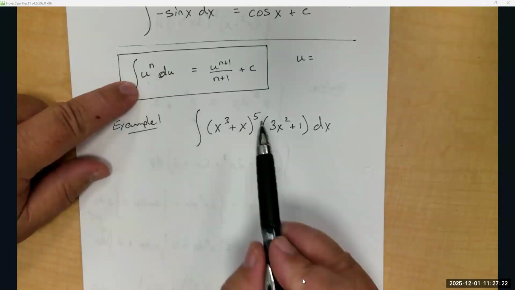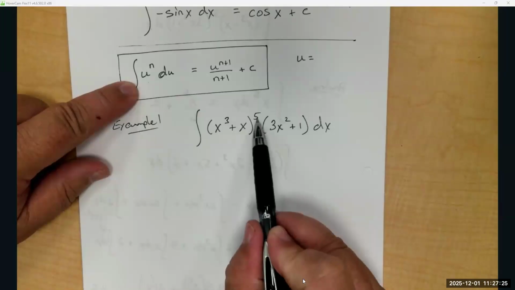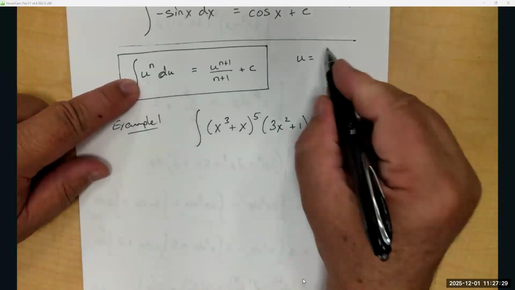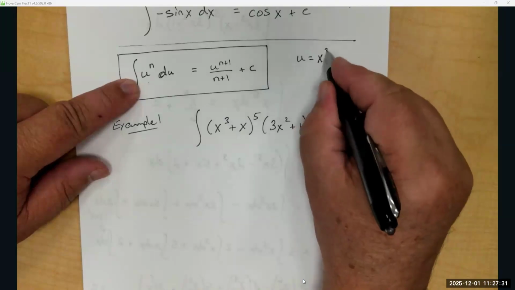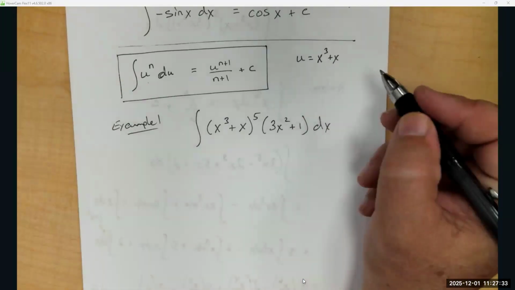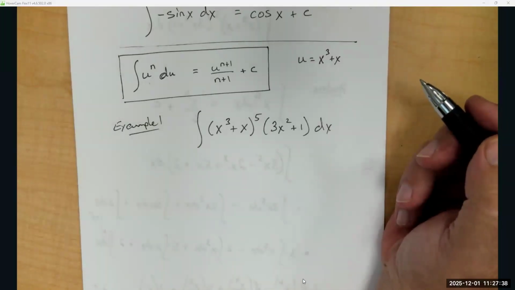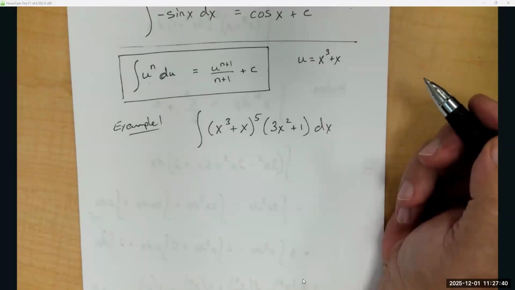So what's my exponent? 5. That's n. Here's u. u is what's inside here.